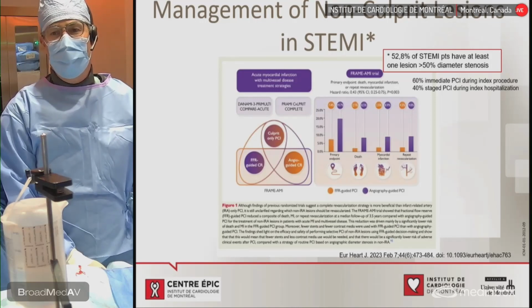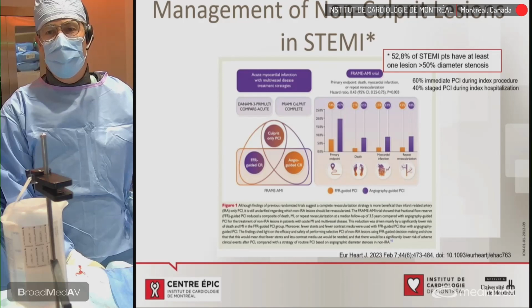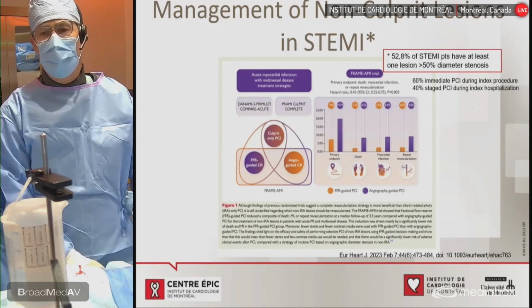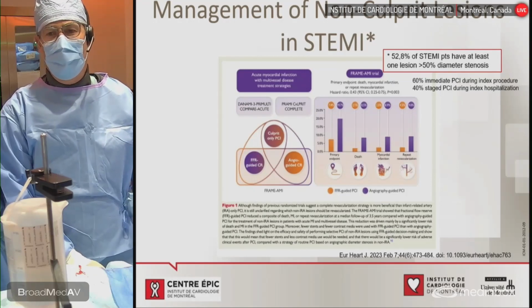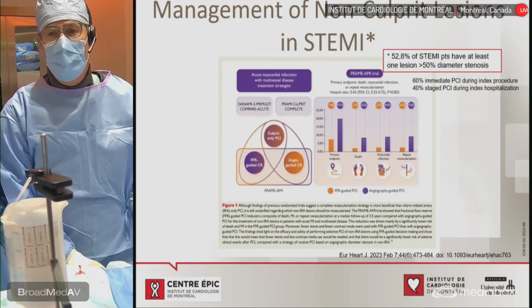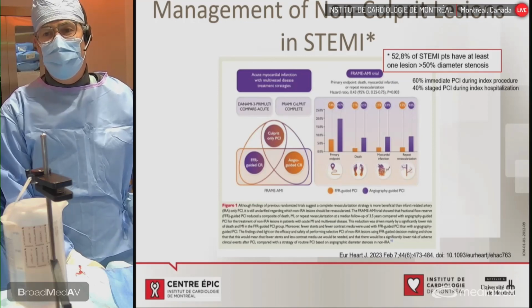This has been validated in the past, where we had a number of studies, which are the Dynami, Primulti, Compare Acute, and Complete, which were mainly angiography-guided PCIs of severe lesions. Severe lesions vary from study to study, from 50% angiographically evaluated by eyeballing, or 70%, depending on the study.